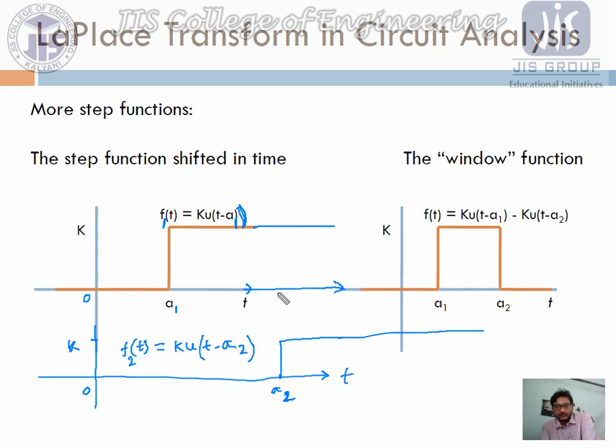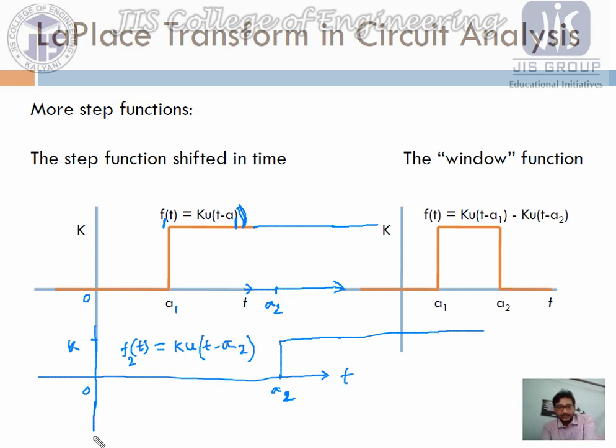At a2 time, the previous function f1 is also continuous. So if we take the resultant of these functions in a subtracted way, then what can we write? At this position the value is k, here the value is 0, so k minus 0 means k.